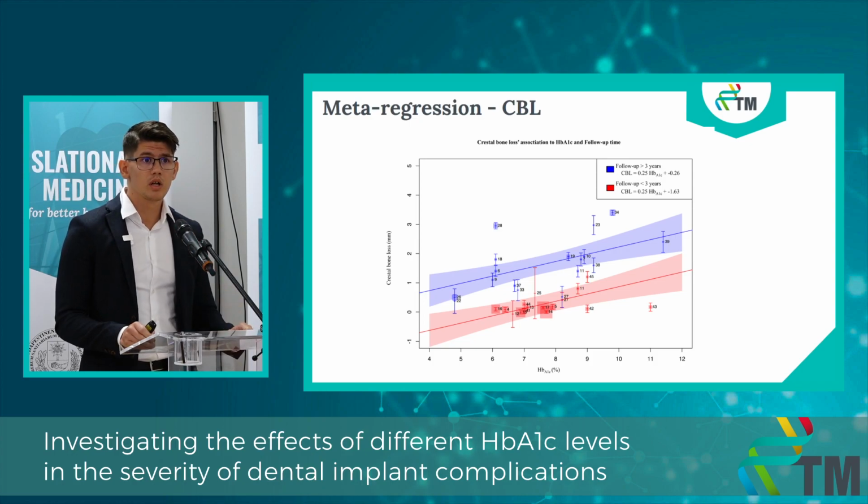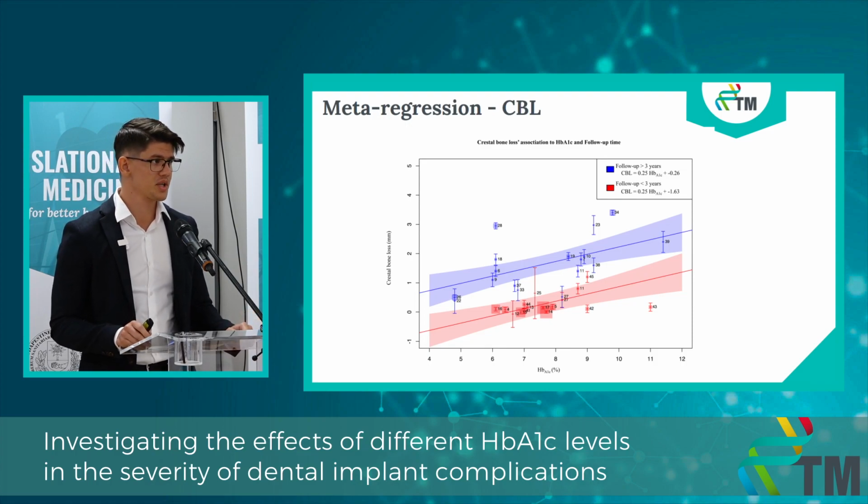For every single percentage of HbA1c increase, there is about 0.25 millimeters of crestal bone loss increase. And for the follow-up duration, it is around 1.2 millimeters. So we can say that both HbA1c and the duration of diabetes mellitus have a significant impact on the crestal bone loss around dental implants.